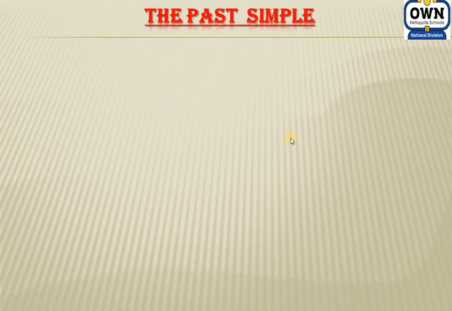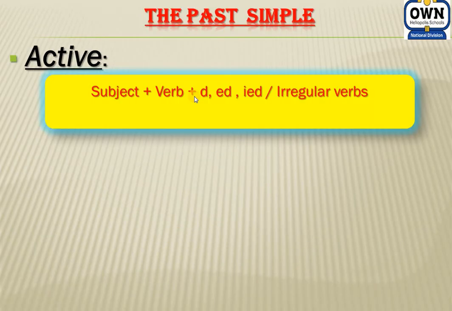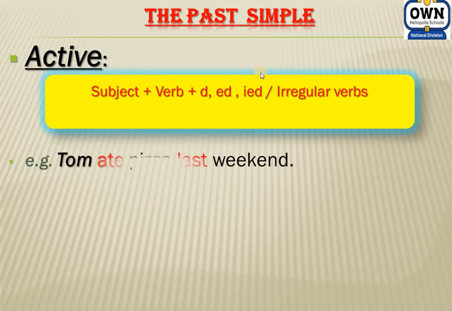Now let's go to another tense, the past simple tense. We form the past simple tense as follows. If the verb is regular, we add d, ed, or ied to the verb, like the verb play, and so on. And there are some irregular verbs like go, went, take, took, see, saw, and so on.